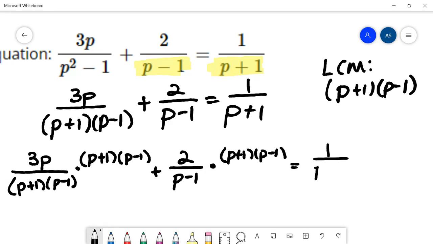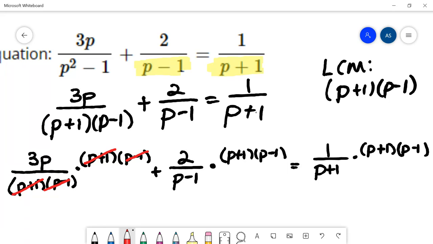And the last term, 1 over p plus 1, times p plus 1 times p minus 1. So we multiply our least common multiple times every term. So then we're going to cancel out the common factors here.